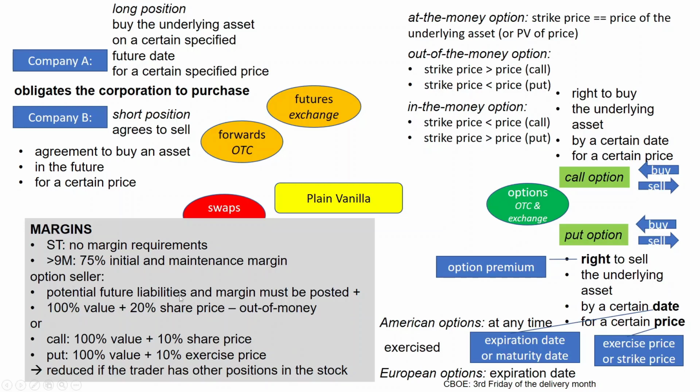So potential future liabilities and margin must be posted plus 100% of the value plus 20% of the share price minus out of money position, or in the case of call, 100% of the value and 10% of the share price, or in the case of put, 100% of value, 10% exercise price. So this is the strike price when it expires.